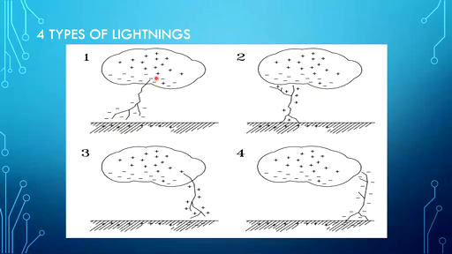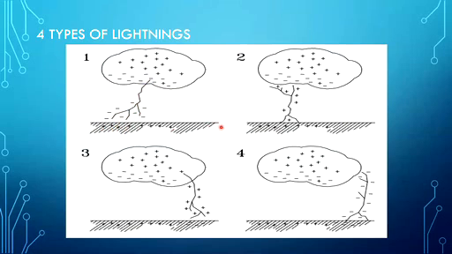At the start of the lightning, there is a forked form created that gives the lightning this form of a tree branch. We can also see that the negative charges are going to be attracted to the positive charges.